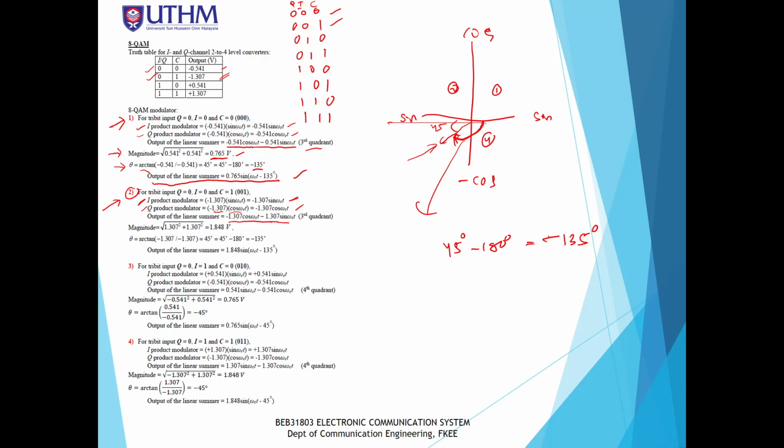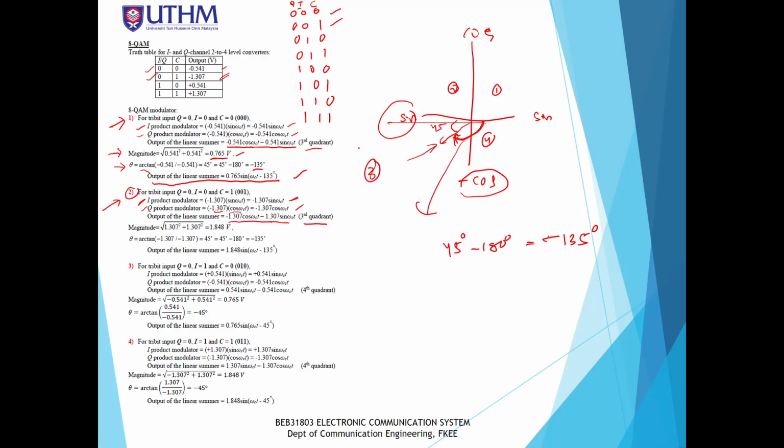So from here you see that it is minus and minus, minus cos and also minus sine. Again, this is located at the third quadrant, because this is minus cos and minus sine.